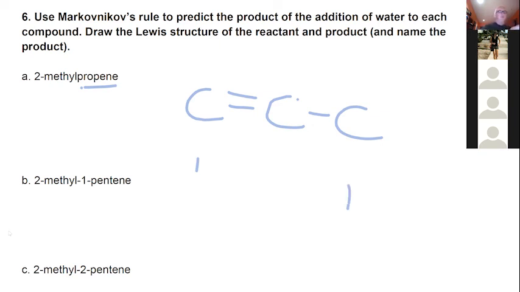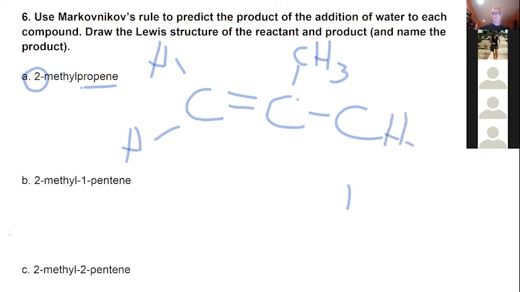So 2-methyl. So that means I've got a methyl group here. And then I just fill in the rest. So there's no hydrogen there. What am I doing? That's already got 4 bonds. So this has 2 hydrogens, and that has 3. So what happens?